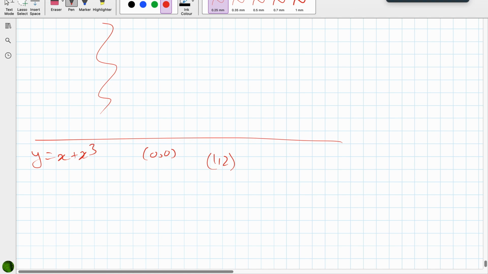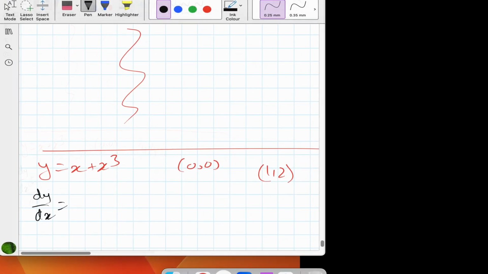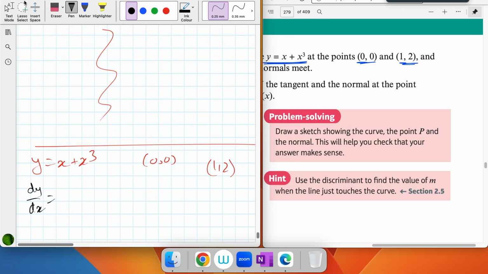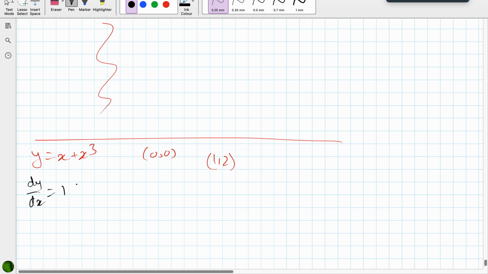So we have to find the equation of normal at these 2 points. First thing, dy by dx. The gradient dy by dx of x is 1, plus 3x squared. So at 0, 0, 1 plus 3 into 0 squared is 1. At this point the gradient is 1.